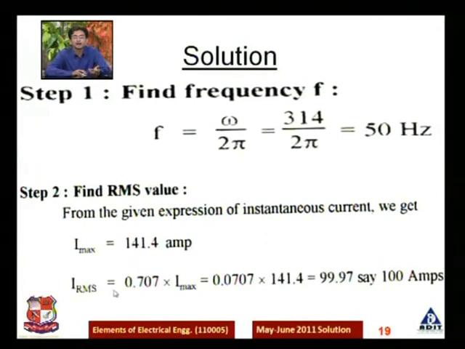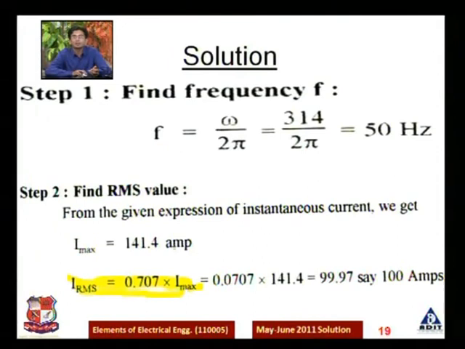So IRMS equals 0.707 into Imax. Let me highlight it. This is the equation: IRMS equals 0.707 into Imax. You just have to put the value of Imax in this equation.